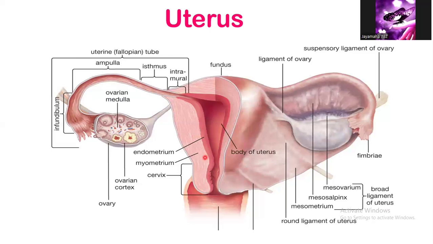Then the myometrium is the middle muscular layer. It's made of smooth muscle fibers that contract during menstruation and childbirth. So the myometrium provides strength for labor and delivery. Then the mesometrium or perimetrium is the outer layer, a thin serous membrane. It provides protection and structural support.